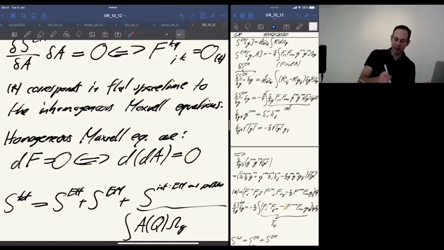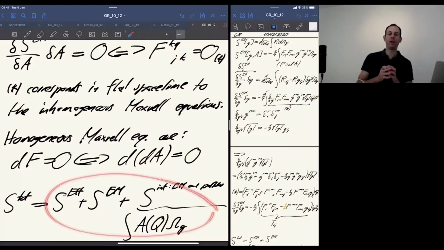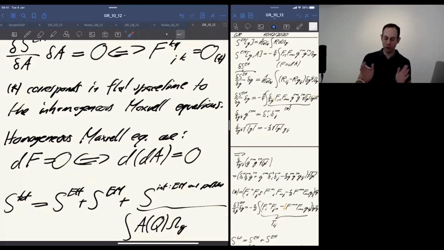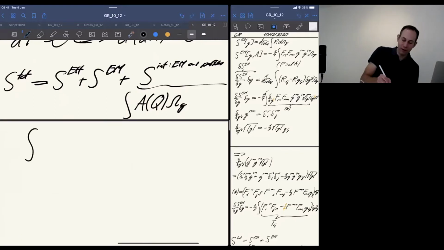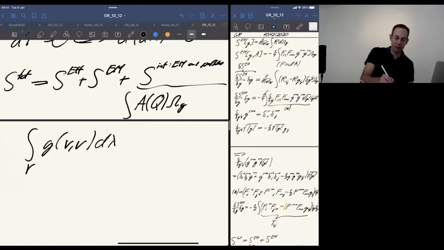We could just add another action to this and say we also have particles freely moving, not charged ones. We just put an action which is essentially the action that we already considered, which is an integration of G of the velocity vector of the particles, v, along the particle path with respect to some parameterization lambda, and here a square root.